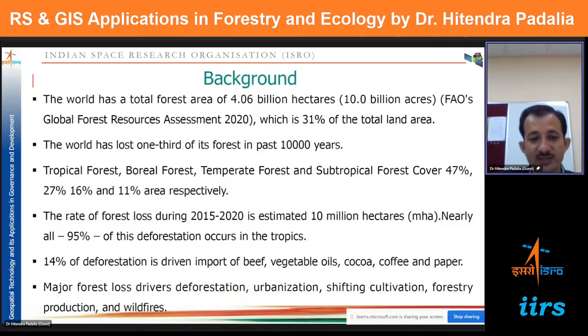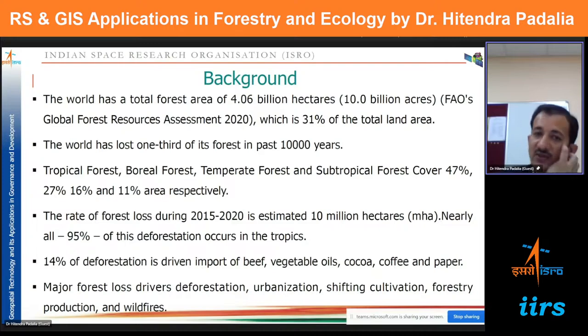Then there are forest production activities, in particular in temperate forest in the mid latitudes. Wildfire is a recent problem, and there is evidence that globally forest fire incidences are increasing and becoming more widespread, and forest fire sizes are also increasing.